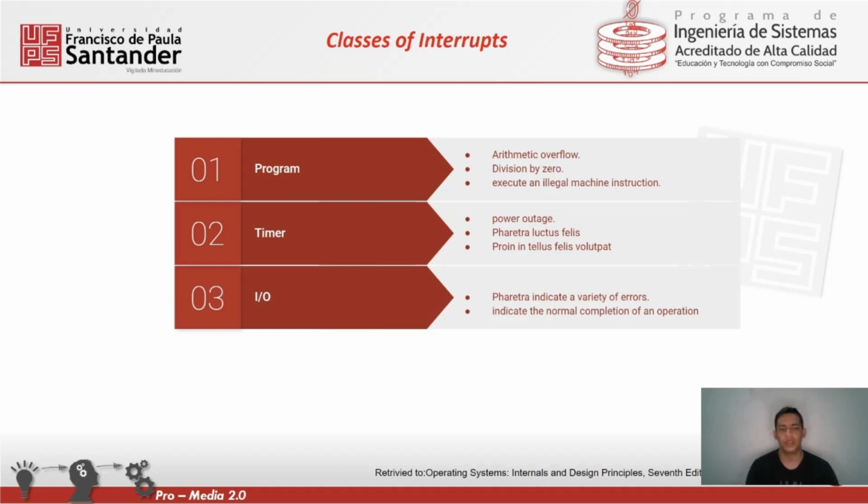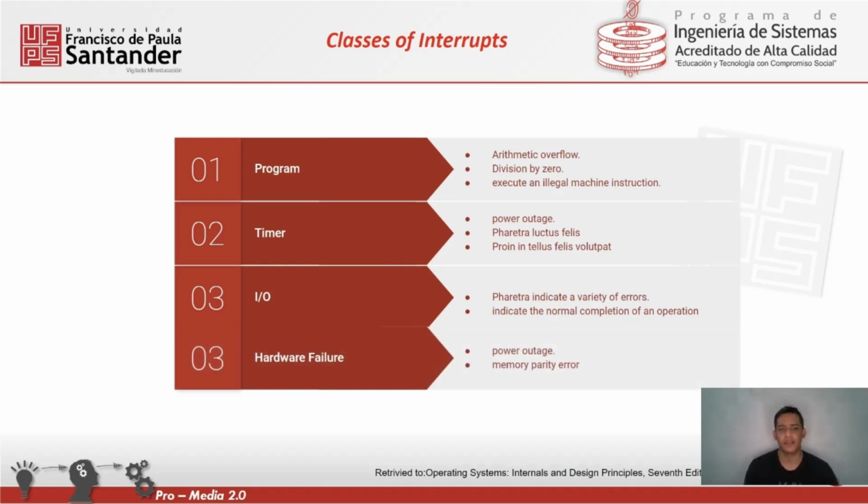Input-output interruption. They are generated when input-output devices report the completion of an operation or problems such as paper jams in a printer. Hardware failures indicate serious physical issues like power outages or errors in the computer memory.